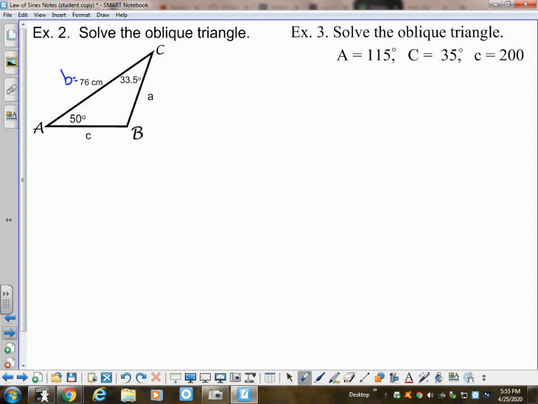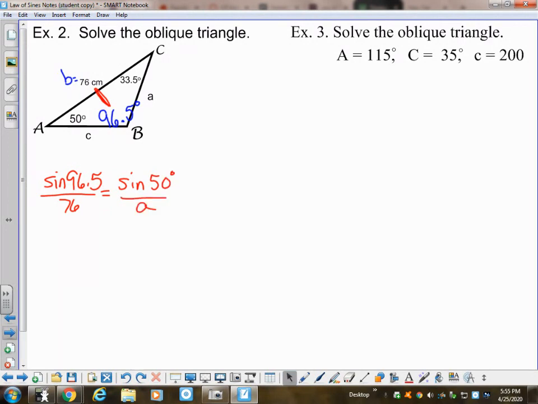So 180 minus 50 minus 33.5 gives me 96.5 degrees for angle B. And my pairing for this one that I'm going to use is my B's here. So sine of angle B, 96.5 over 76 equals, who do we want to find next? I'll do A, sine of 50 over little a.